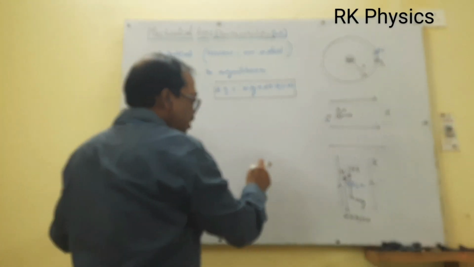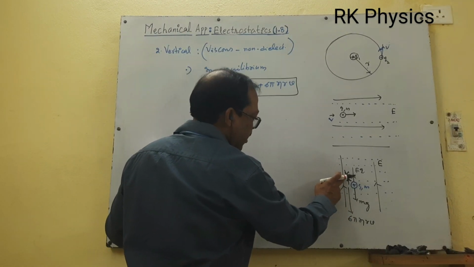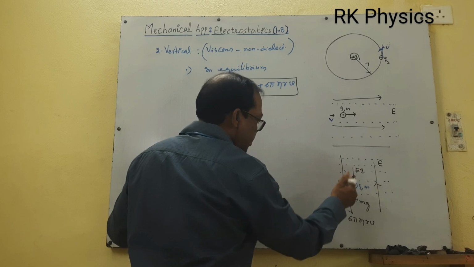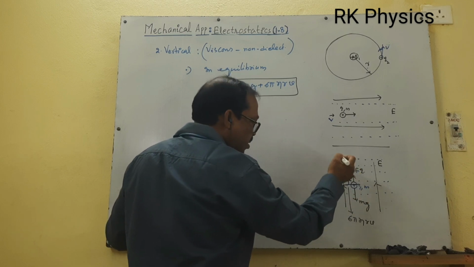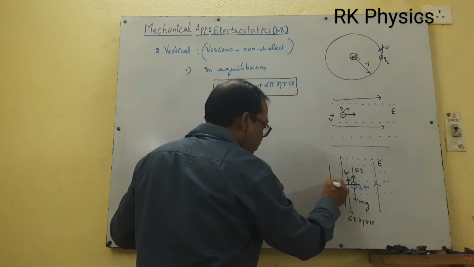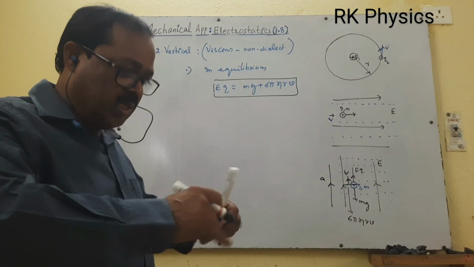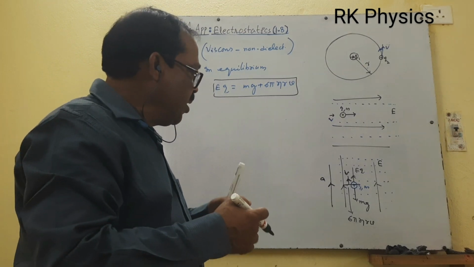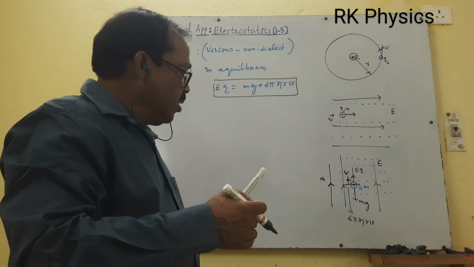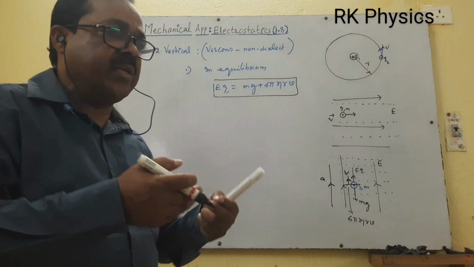Now if, instead of moving with constant v, at any instant its speed is v but the object is moving up with acceleration a, that means you should increase the electric field strength so that, instead of being in equilibrium, the object has some accelerated motion.